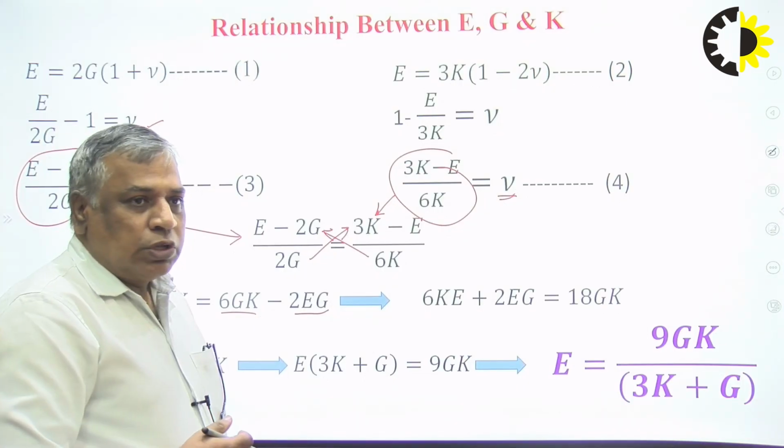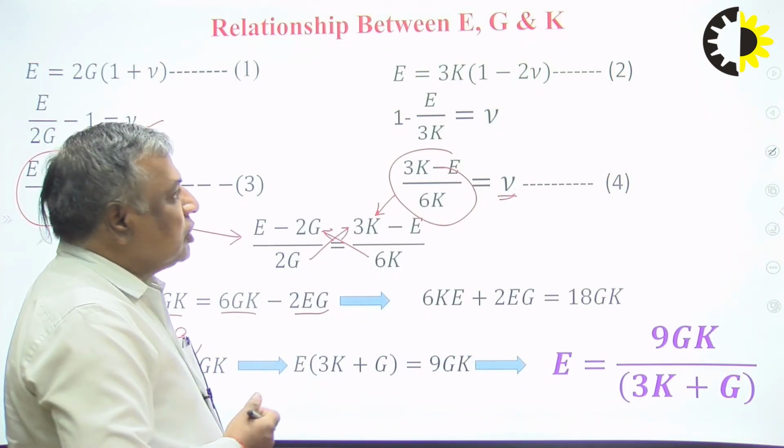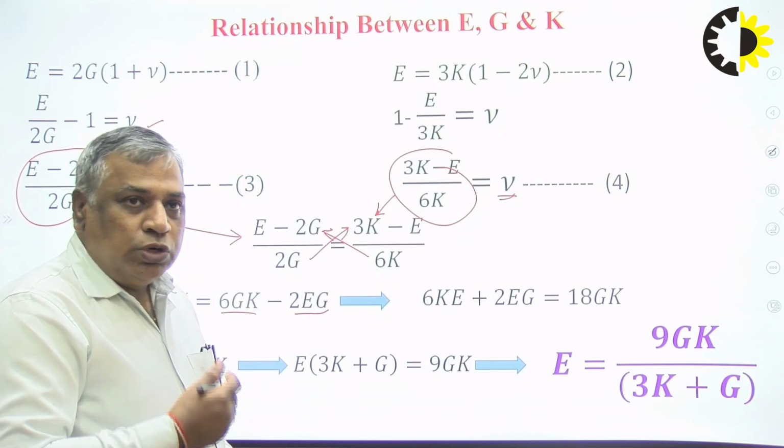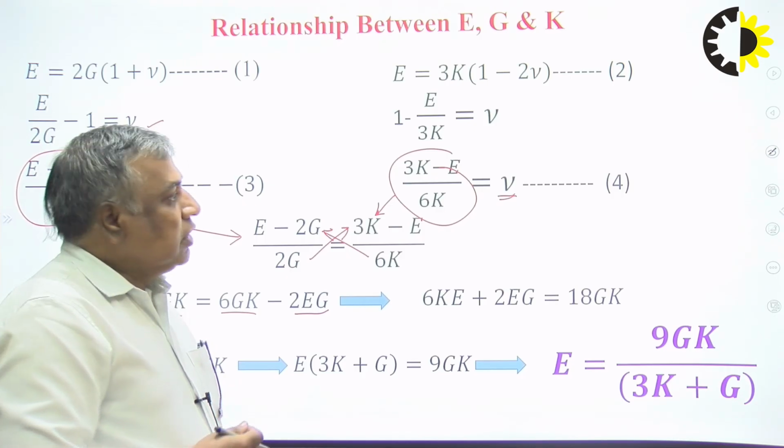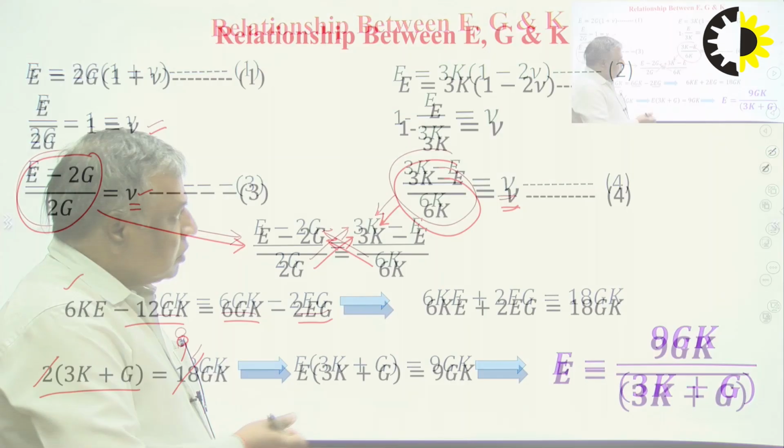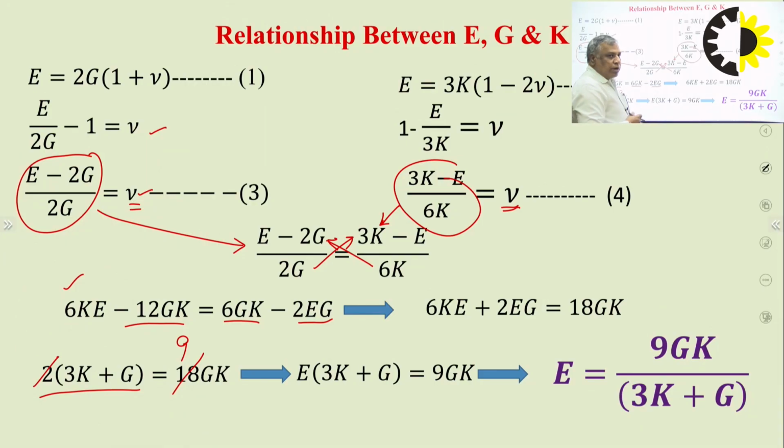Now we move to the next step: the application of the relations to determine the values of the elastic constants. We will attempt a few numerical problems based on modulus of elasticity, modulus of rigidity, bulk modulus, and Poisson ratio.